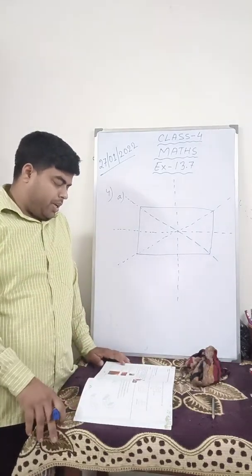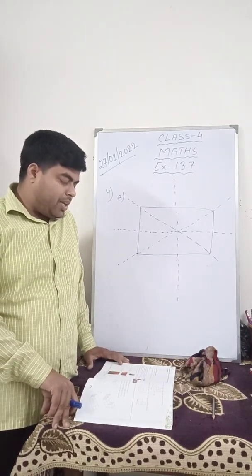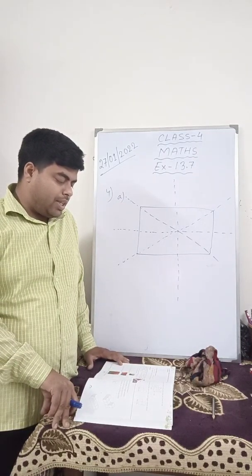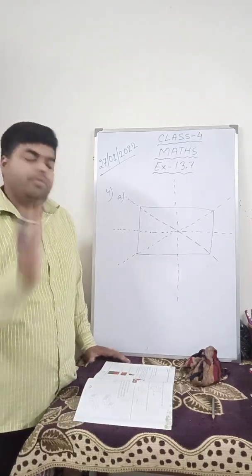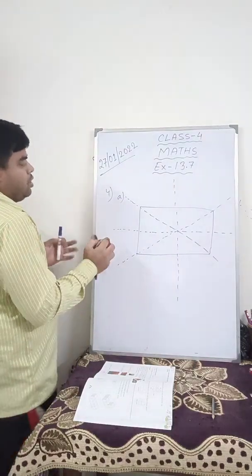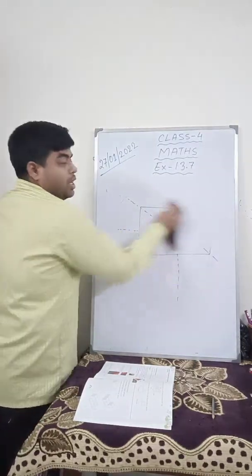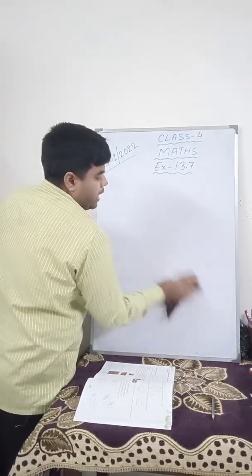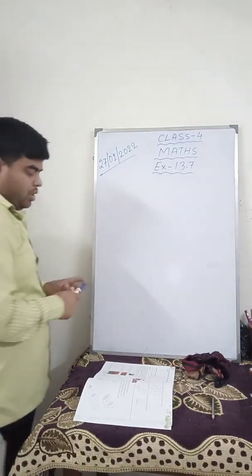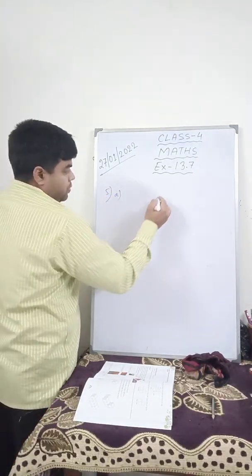Let us move to question number 5. In question number 5, they have said complete the following shapes by drawing on the other side of the line of symmetry. That means they have done half and you have to do the next half. Remember, lines of symmetry are those lines which divide the given figure into two equal and identical halves. For question number 5a, I'll do one for you.